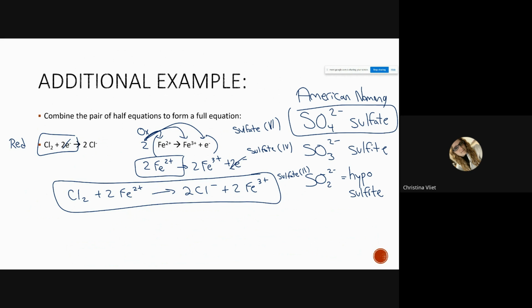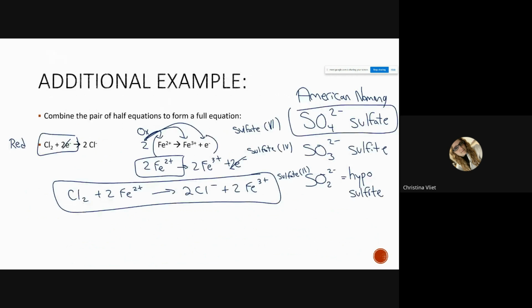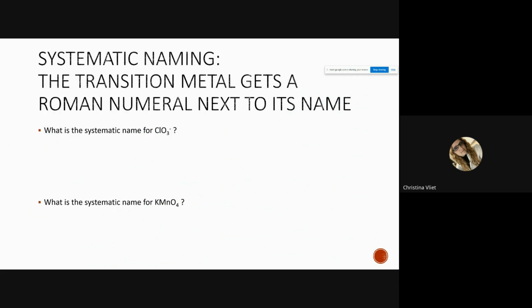So the way that Cambridge teaches systematic naming, I just wanted to go over because this is the way it's going to be presented to you when you're looking at questions, especially on paper 1, but also on paper 2. If they were to give you ClO3-, the way you do it is you just say Cl is chlor, and the ending's always going to be -ate for Cambridge.